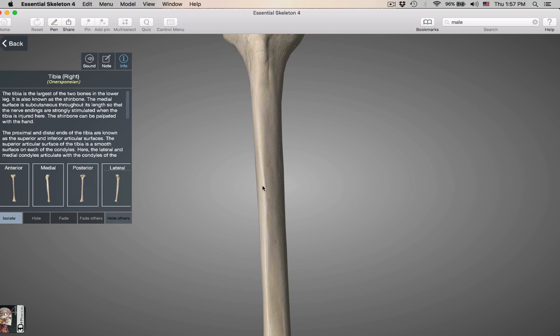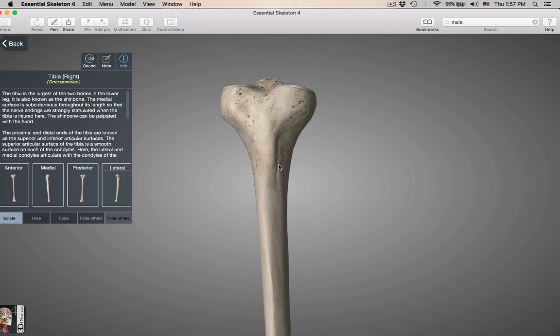When you have shin splints, you're having some pain over this area. You've got connective tissue over this area. So, anterior border, the medial and lateral condyles.